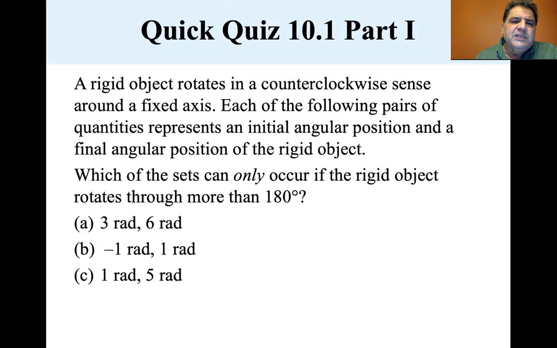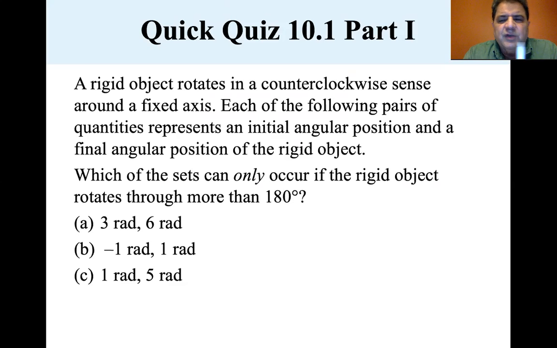Now, a rigid object rotates in a counterclockwise sense around a fixed axis. Each of the following pairs of quantities represents an initial angular position and a final angular position of the rigid object. Which of the sets can only occur if the rigid object rotates through more than 180 degrees?